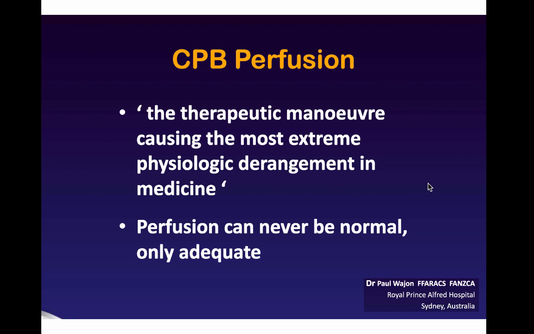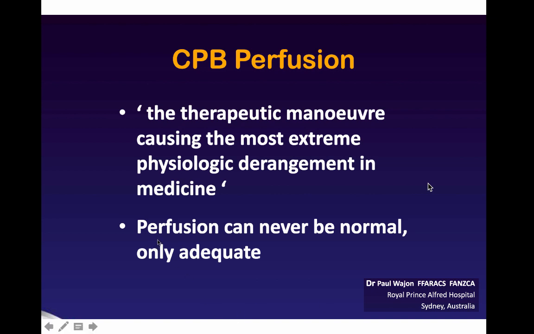We are doing things that our body doesn't normally do. We produce flow that's non-pulsatile. We change the temperatures. We introduce foreign surfaces that the blood comes in contact with. We fully anticoagulate patients. So it can be argued that it is the most extreme physiologic derangement in medicine.